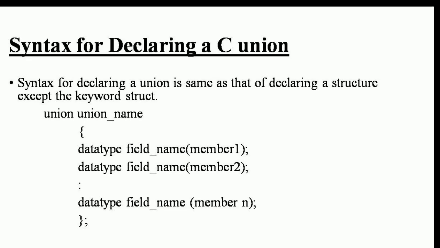The previous structure syntax is also the same: struct structure_name, curly braces, data type member_variable 1, data type member_variable 2, and so on, data type member_variable n, curly braces closed, ended with a semicolon.